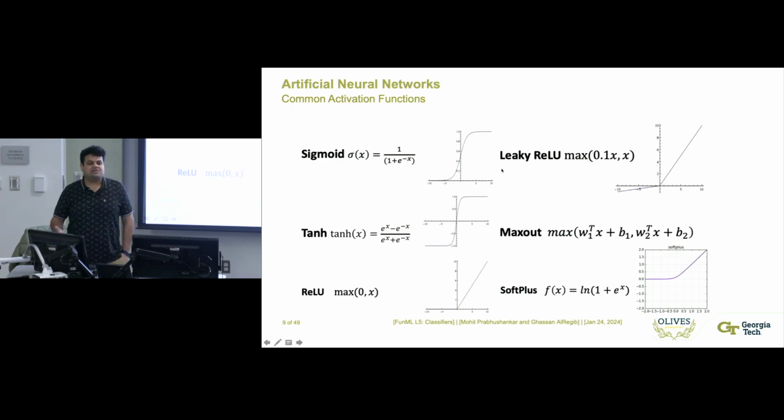There are multiple activation functions you can use. Even in logistic regression, we had access to this thing called a sigmoid function, which was 1 over 1 plus e to the power minus x, where x was W transpose x plus b. So it's not the only one.